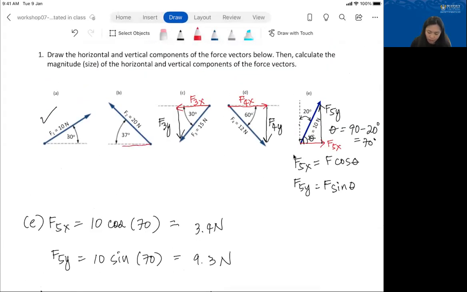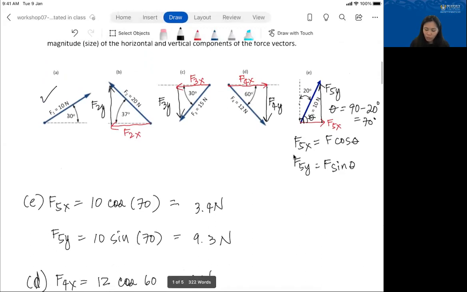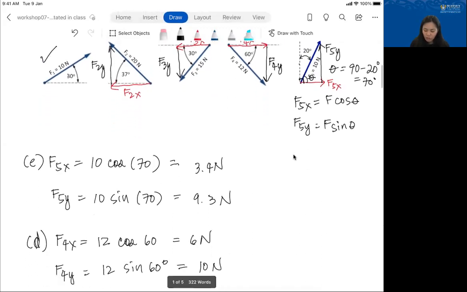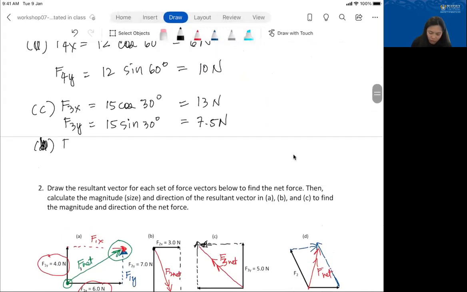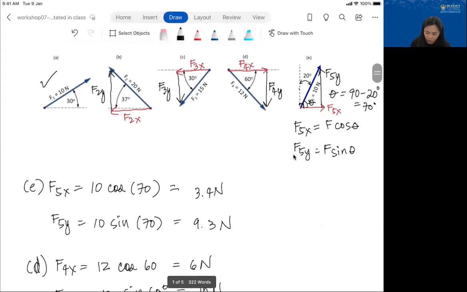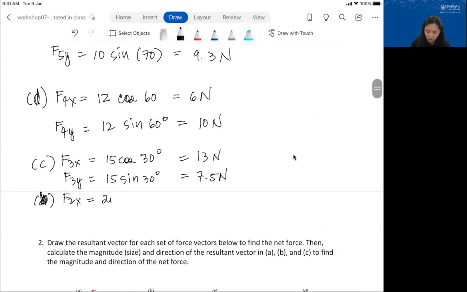You can have the x component F2x and the y component F2y. Again, the angle is measured relative to the x-axis, so you can go right ahead and get the x component using the cosine function. So F2x is equal to 20 newtons cosine 37 degrees.